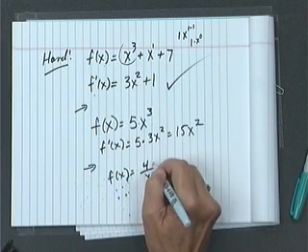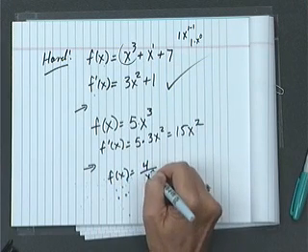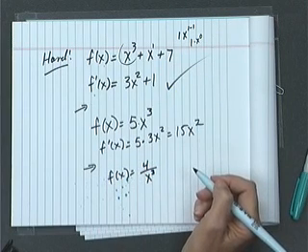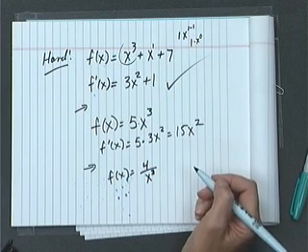All right, let's try another one. 4 over x cubed. I want to know what the derivative is.